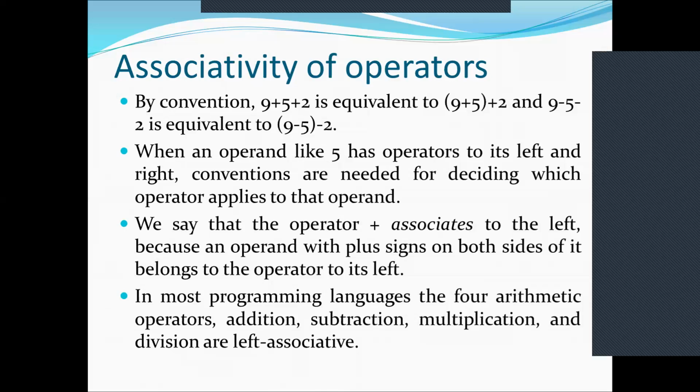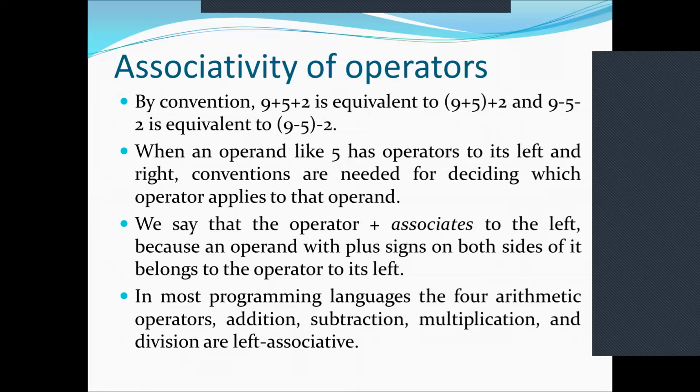So how is that being done? We say that the operator plus associates to the left because an operand with plus sign on both sides of it belongs to the operator to its left. Meaning, if an operand has got two signs, one plus and one minus, then it is usually assigned to the left side sign first.